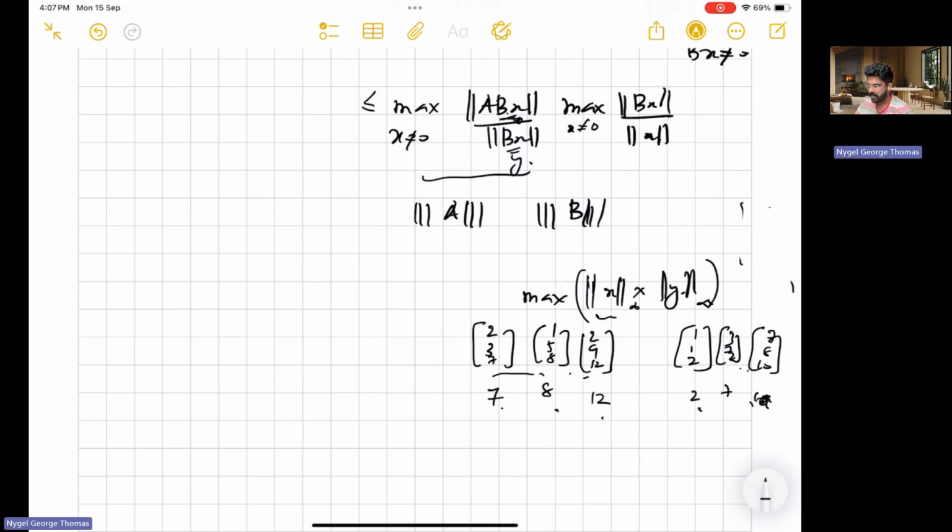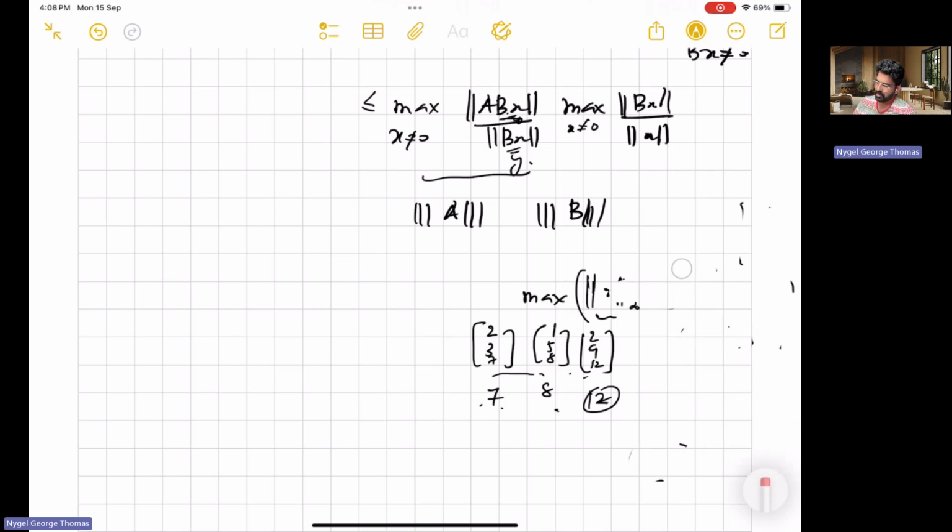Fine. The other one is we only take the max of it. Like here the max is 12. Here the max is let's say 10. Then 120 is the highest value. But there are also other products. So 120 will be always the highest value. Hope that is clear. So whether this inequality is actually true.